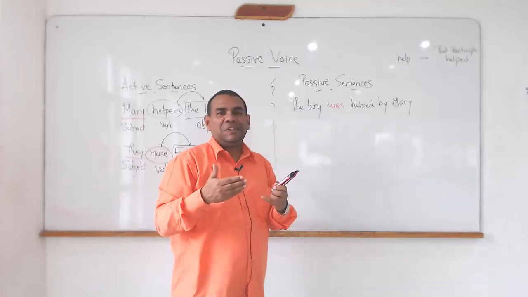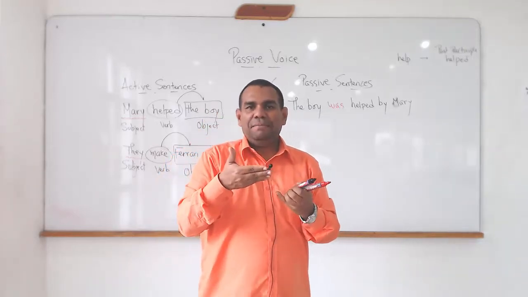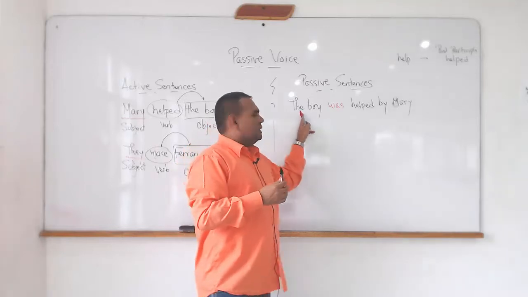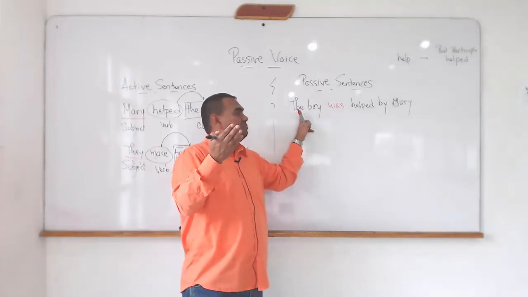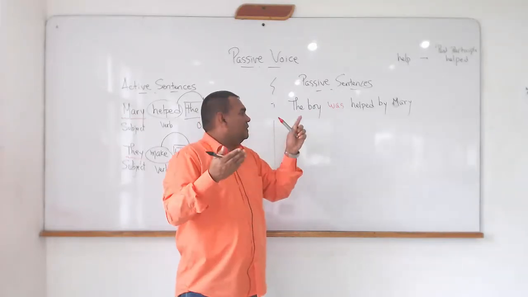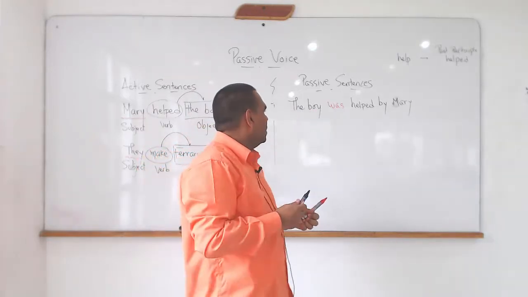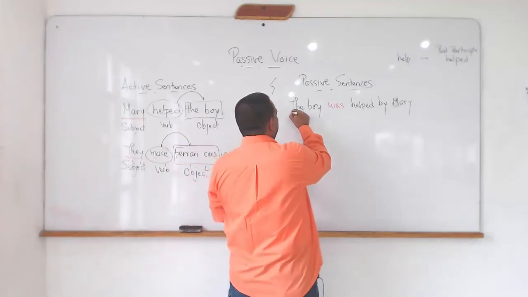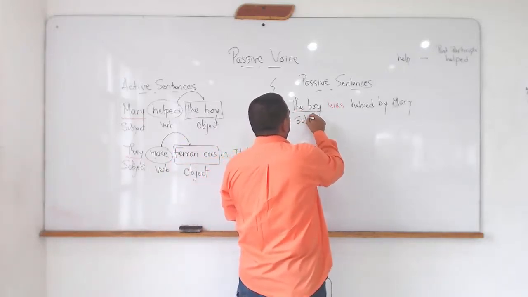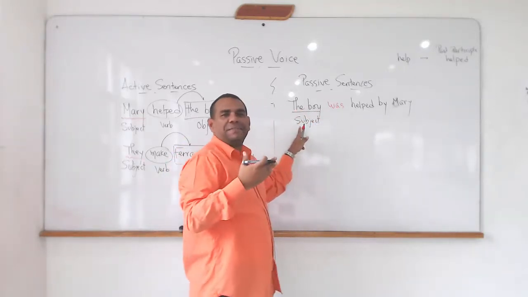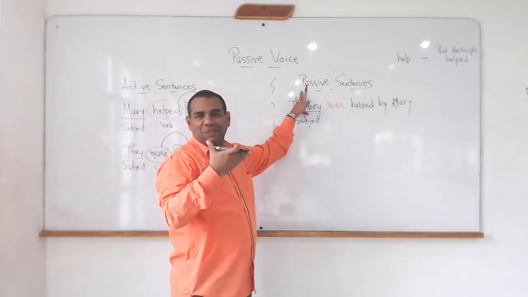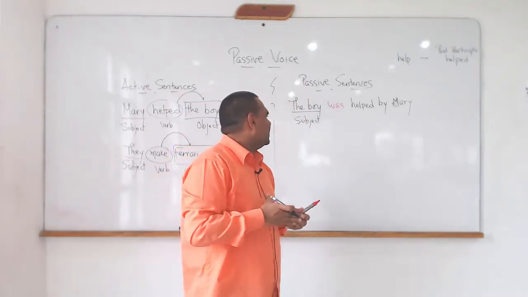So in this case, we can say that sentence is passive because the subject is passive. It doesn't do any action, in this case the boy, but it receives the action on the other hand. So the subject now is passive. That is why the sentences are called passive sentences.